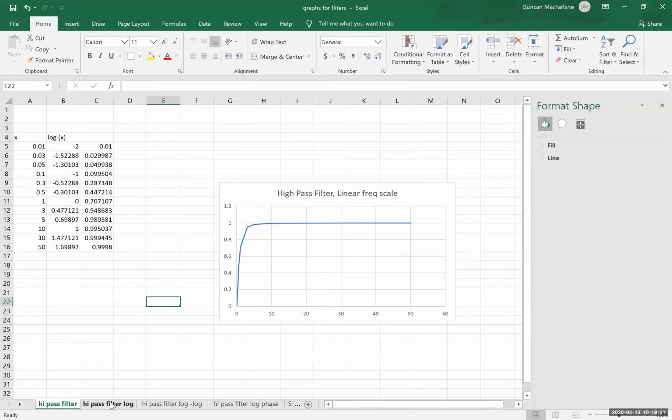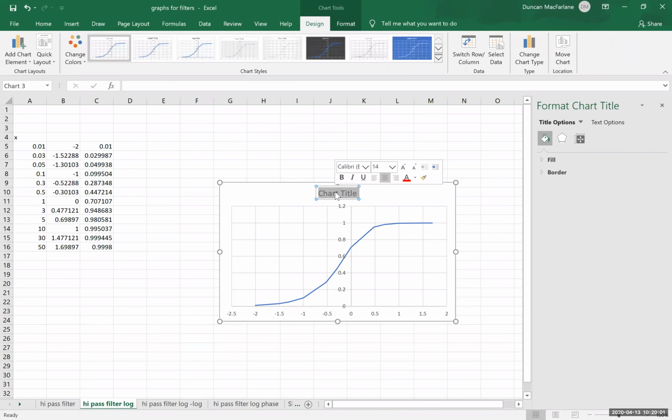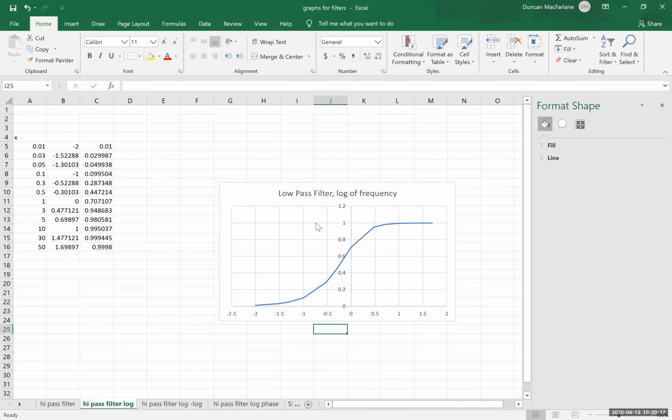And if I plot, instead of the linear frequency scale, the log frequency scale, I open up what's going on at the low frequency space.